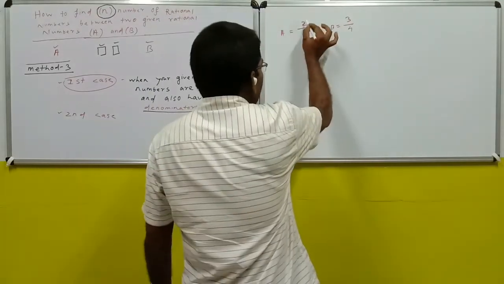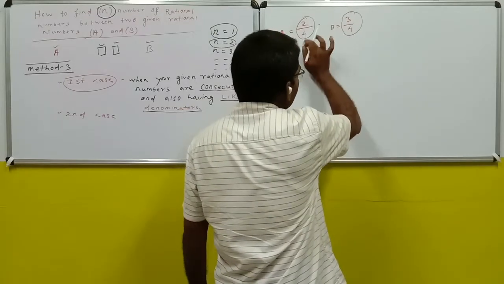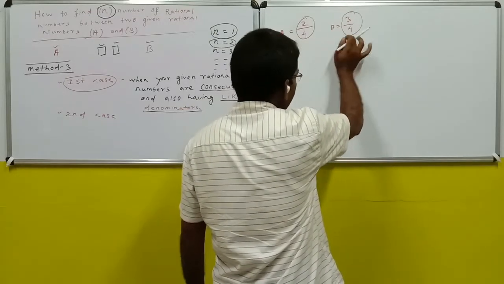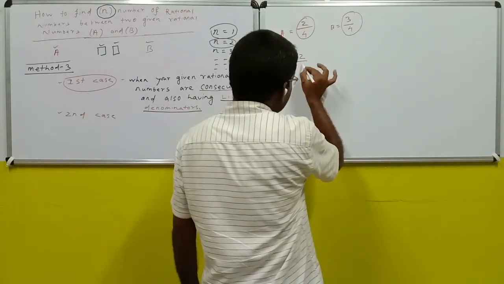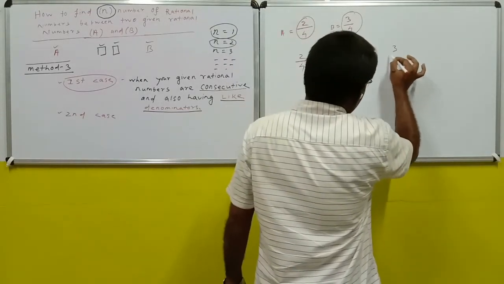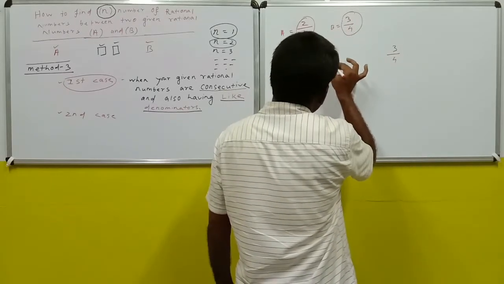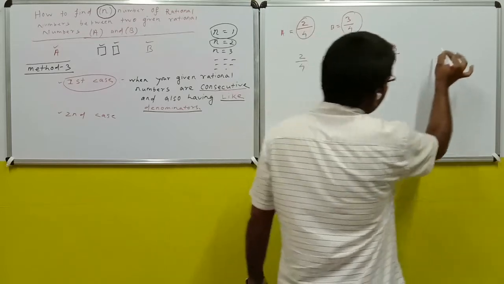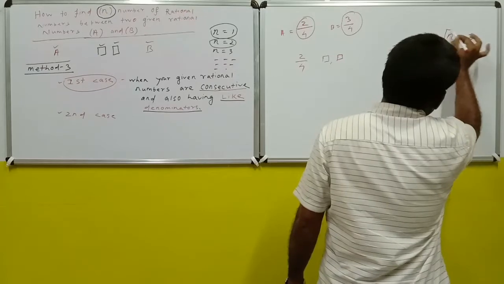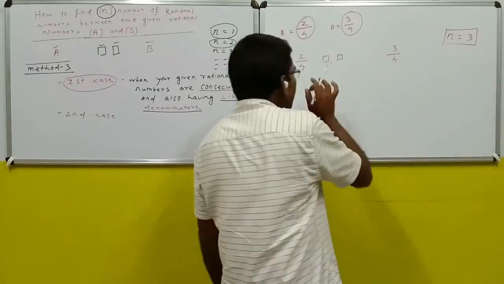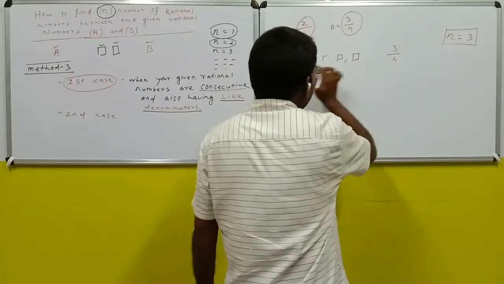So 2 by 4 and 3 by 4, these two are your given rational numbers and you want to find n number of rational numbers, suppose the value of n is 3. It means you have to find 3 rational numbers between these two given rational numbers.